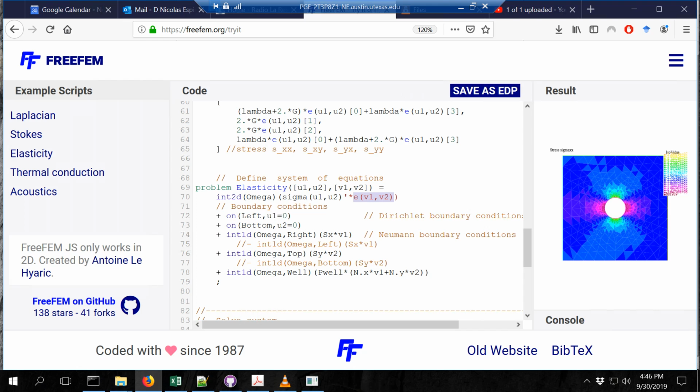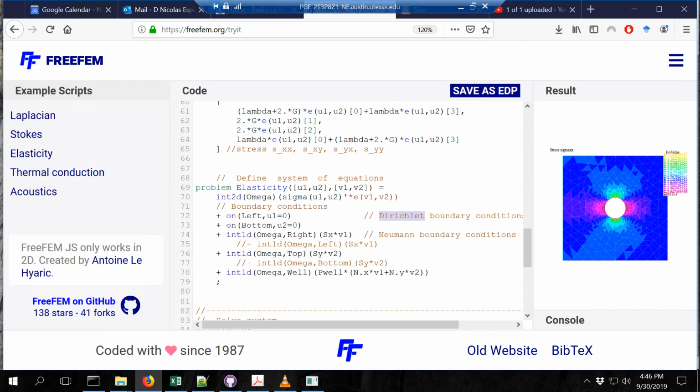This is what we get on the right-hand side, something you're going to have to modify, which is the boundary conditions. On the boundary conditions, something that we didn't see in the integral is that we're going to have two types of boundary conditions. One is called a Dirichlet boundary condition, another one is called a Neumann boundary condition.